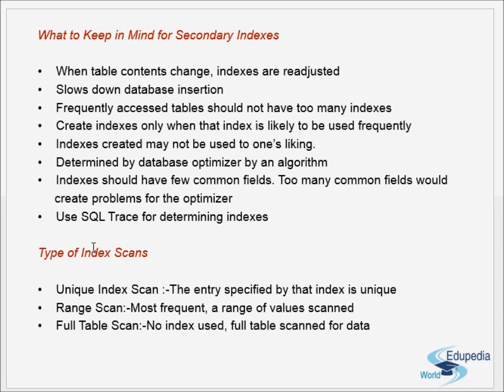So the primary index exists on the table when the table is created, and later at any point of time we can create n number of secondary indexes. However, a table shouldn't have too few indexes, or too many indexes either, as that will impact the performance.